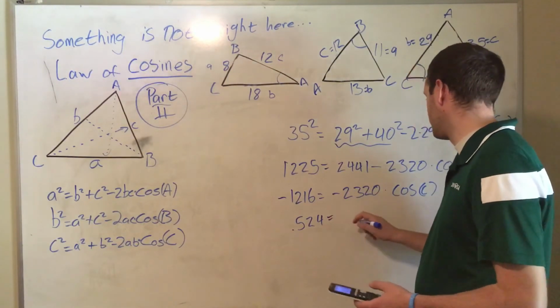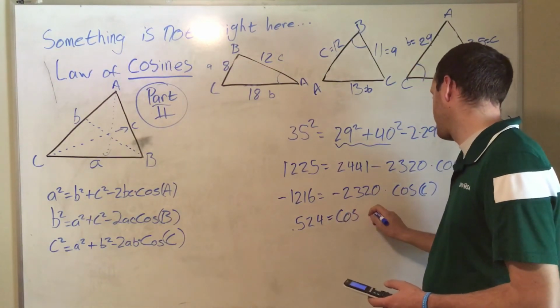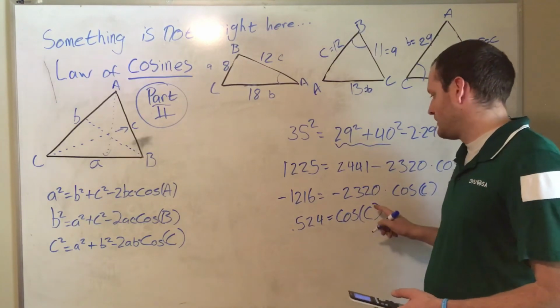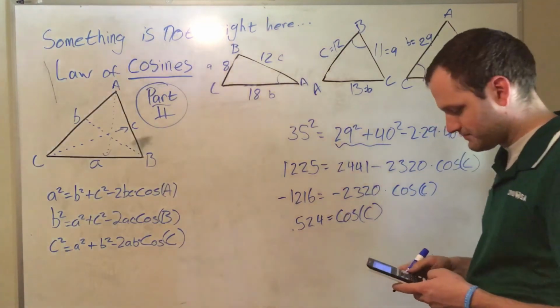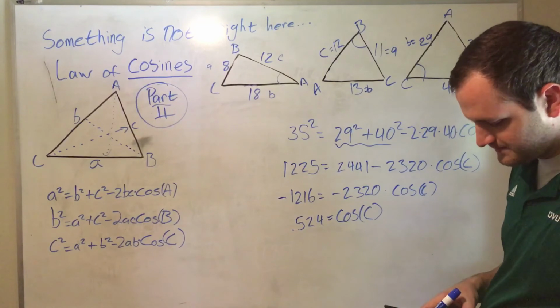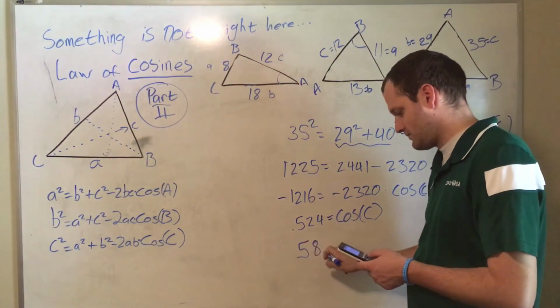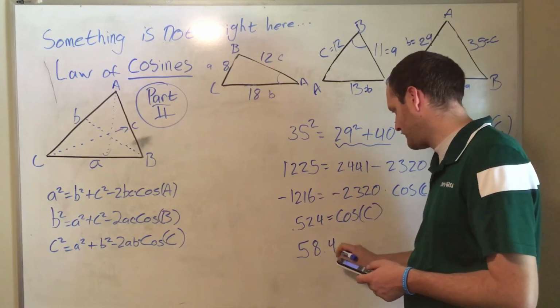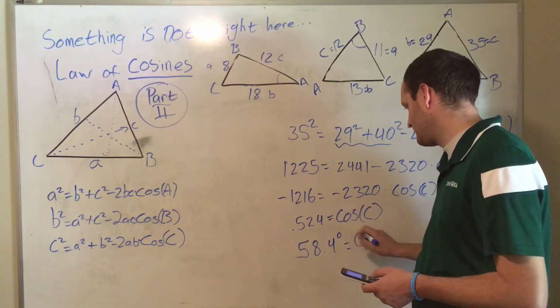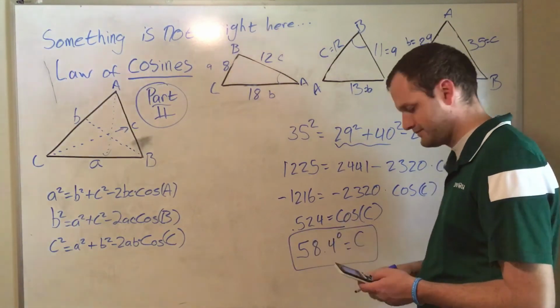I'm not going to write them all out. Take the inverse cosine of both sides. And that gives me 58.4 degrees of angle C.